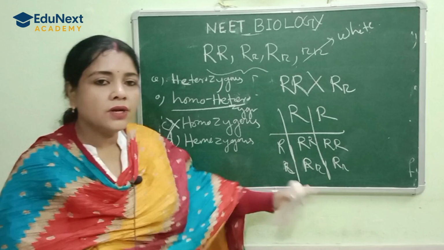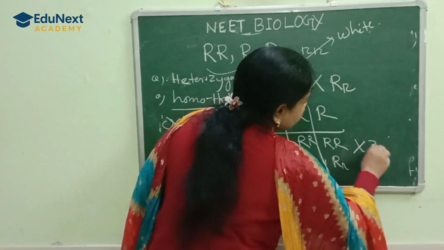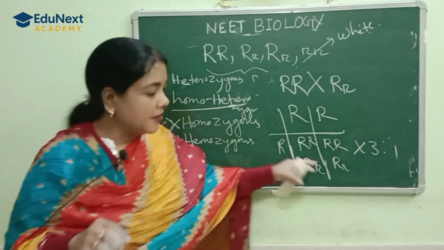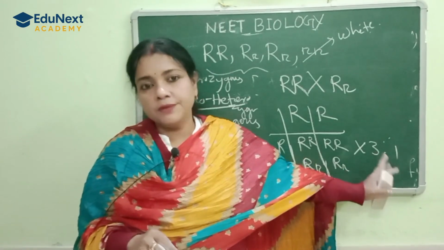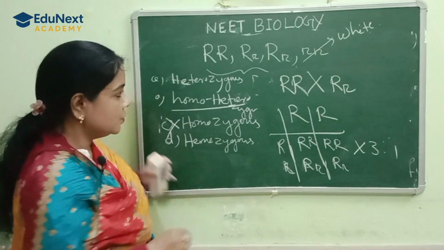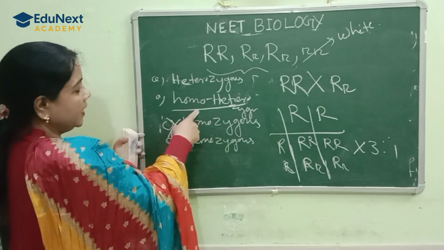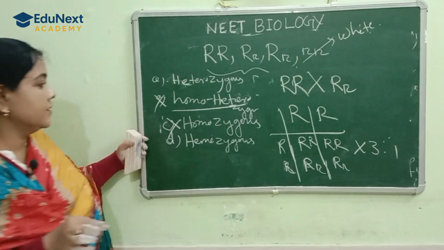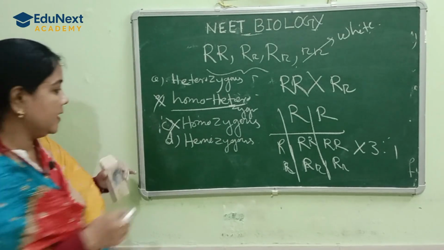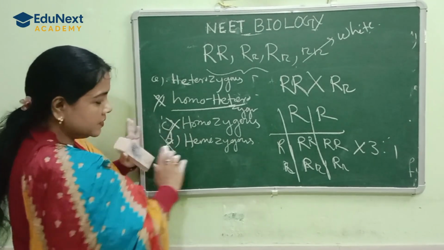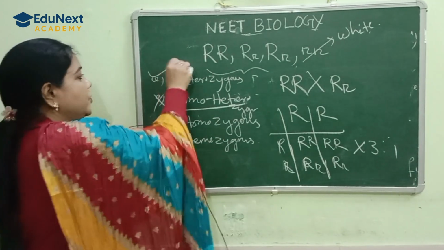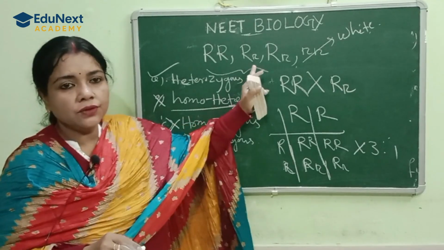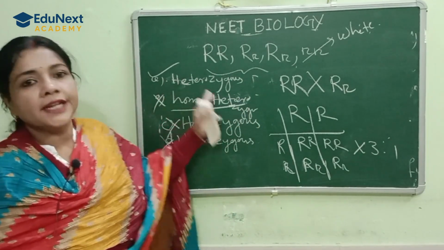So this is also not satisfying the 3:1 ratio, meaning 75% red flowers and 25% white flowers. So this is also not satisfying. Obviously, this is something else. Now let us check whether this ratio is following heterozygous plants or not.